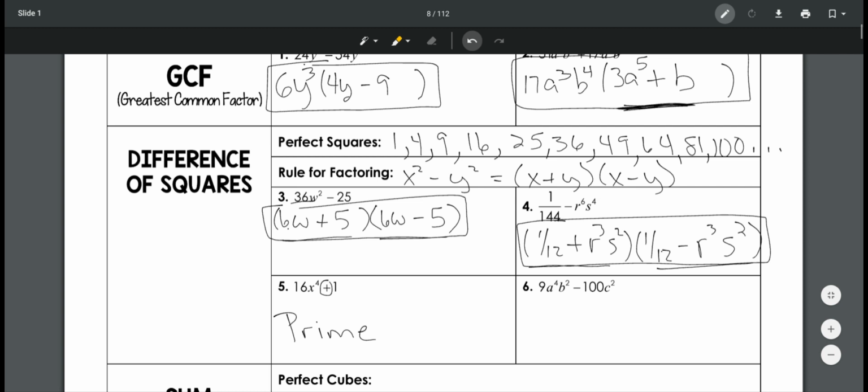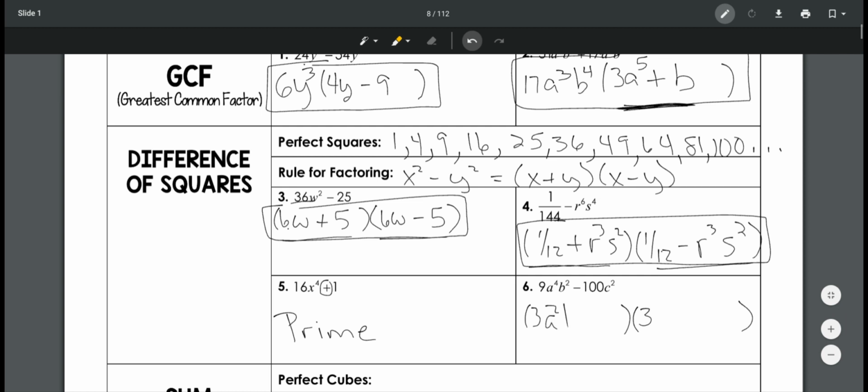In the last example for this particular video, we are going to talk about example number 6. If you look at the numerical part, 9 and 100, they are both in our list. All of my variables have even exponents, and I am subtracting these two terms. So I need to break all of these perfect squares up. So my first perfect square breaks up into 3. 3 times 3 is 9.